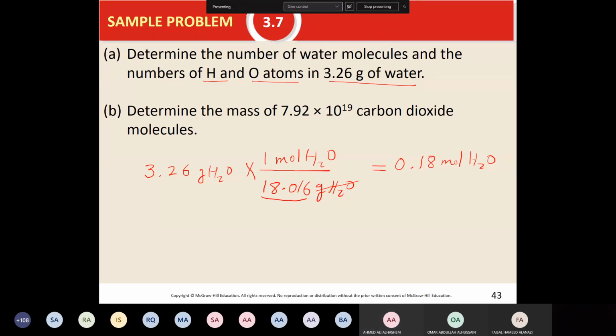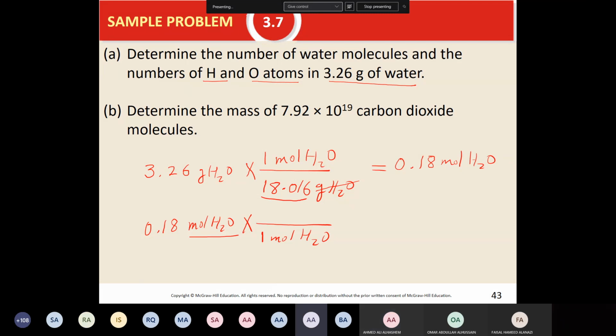Yes. Okay. How many molecules H2O now? Can you change 0.18 mole H2O into number of molecules? Yes. Avogadro. It is mole H2O, so I will put here 1 mole H2O, and what should I put at the top?